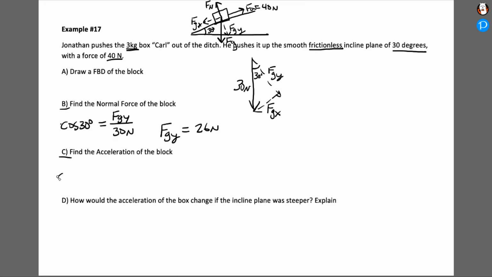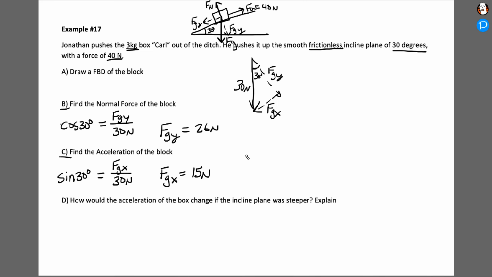Sine of 30 degrees is equal to opposite FGX over my hypotenuse, 30 newtons. So multiply by 30 on each side. My force of gravity in the x direction is going to be 15 newtons.